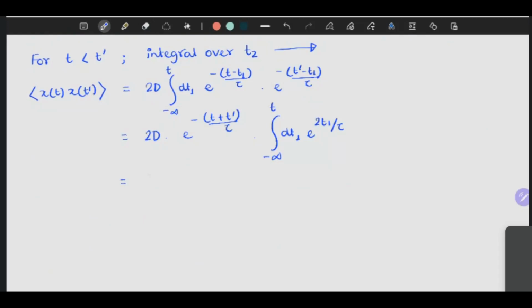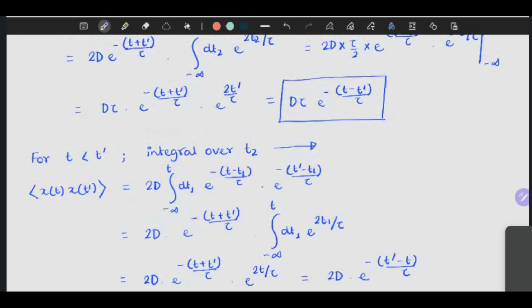That makes it 2D times e to the power minus (t plus t prime)/tau times e to the power 2t/tau. That makes it 2D times e to the power minus (t prime minus t)/tau.